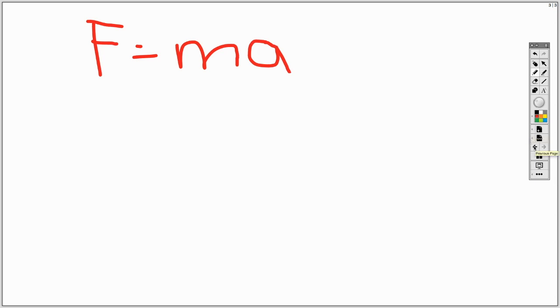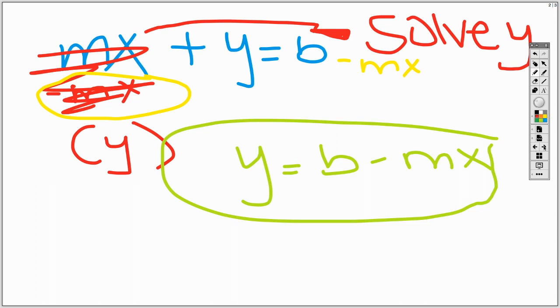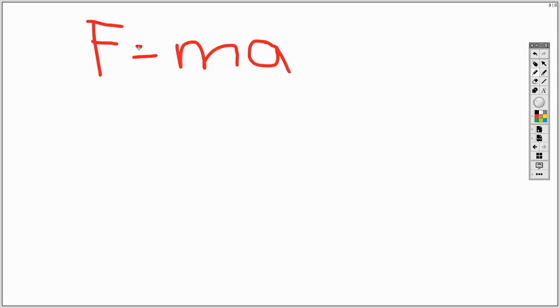If you notice a difference between this equation and the previous one, here we could see the plus sign, but here we don't see any plus sign. We just see an equal sign. The reason is that mass, or m, and acceleration, or a, are not being added, they're being multiplied. So you can imagine an imaginary multiplication sign over here.